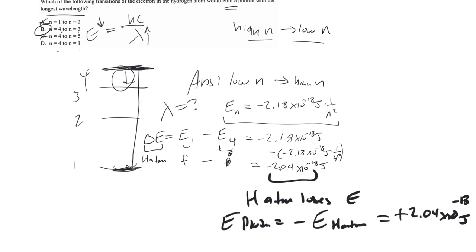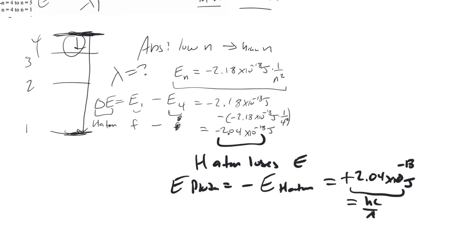But what I want to do here then is take this energy and make this equal E is equal to hc divided by lambda, and solve for lambda. So 6.626 times 10 to the minus 34 times 2.998 times 10 to the 8, divided by that energy.